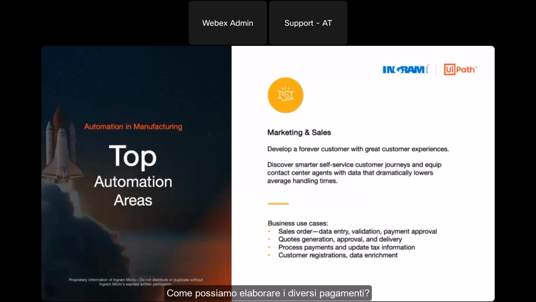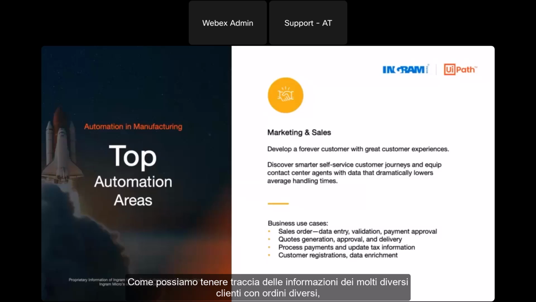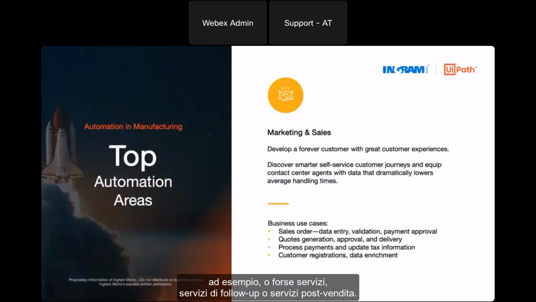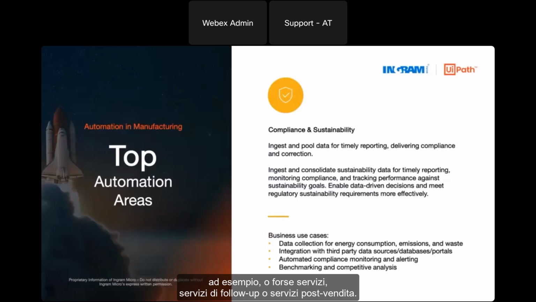How can we process the different payments? How we can keep all the tax information updated? How can we keep also the customer information updated? How can we keep track of the information of our different customers and their different orders, for example, or maybe services, follow-up services, or post-sale services?